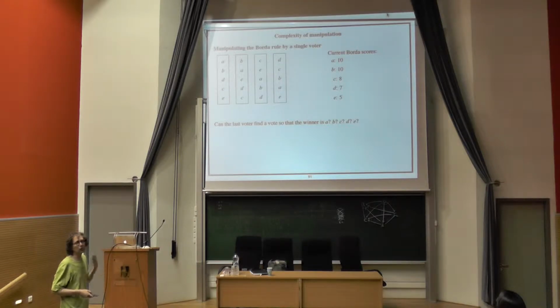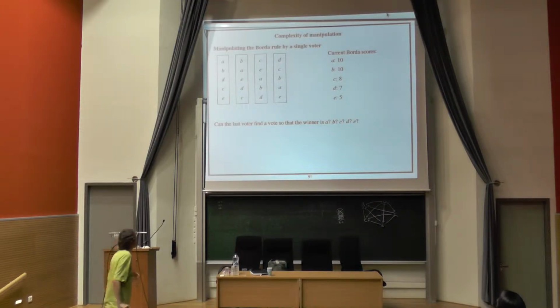We can compute the current Borda scores from these votes. So we don't need the profile anymore. These are the Borda scores, and then you have one more voter, which is you, and you have to cast a vote. Can you vote in such a way that A will be the winner?